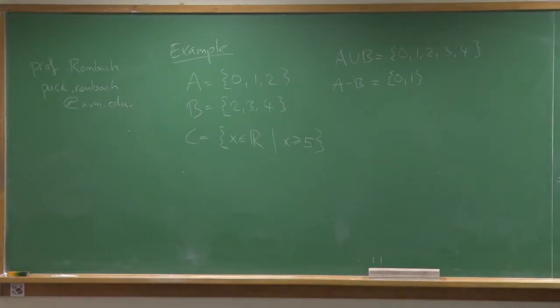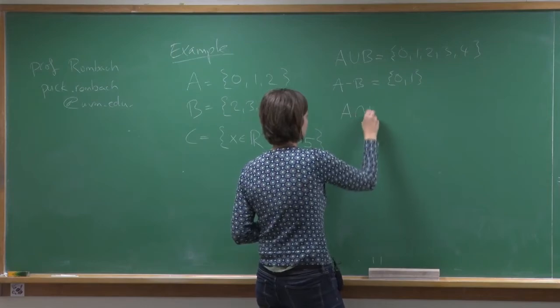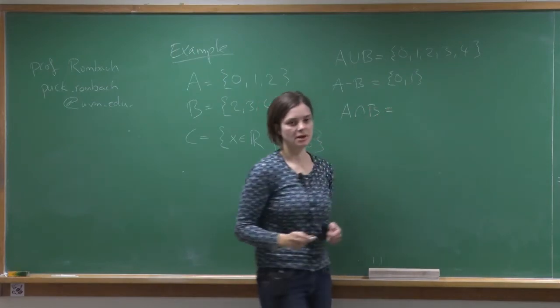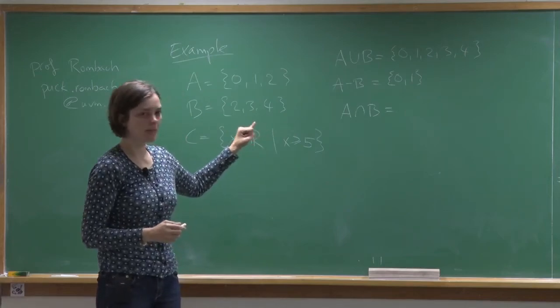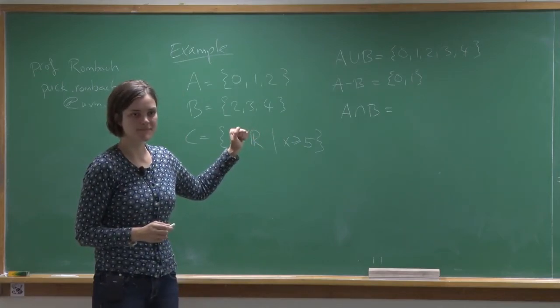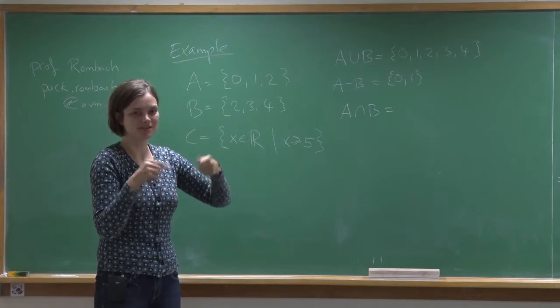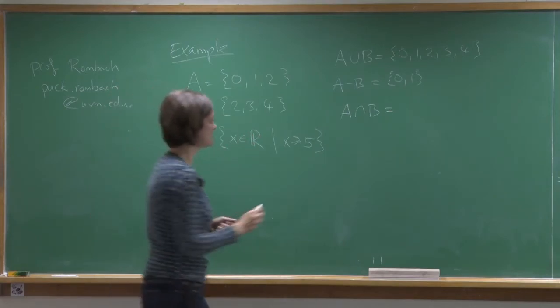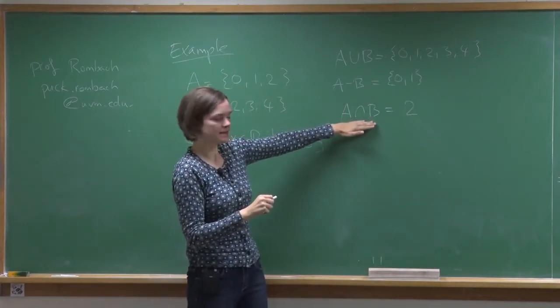Other examples, A intersection B. So here, this is another thing that you should be careful about. What's the intersection of A and B? Yes, it's the set that contains just 2. It's not the element 2. So saying that this is 2 is wrong because this is a set.